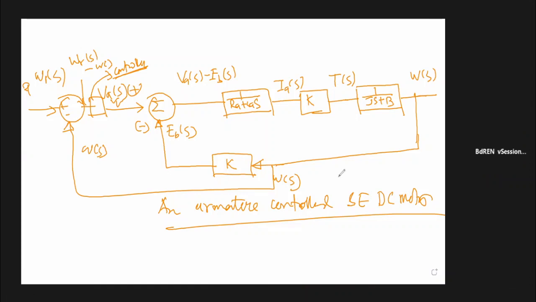Okay, can you look into this figure? Can you see this figure? Yes, sir. In drawing this figure, what was the problem that you did not understand?